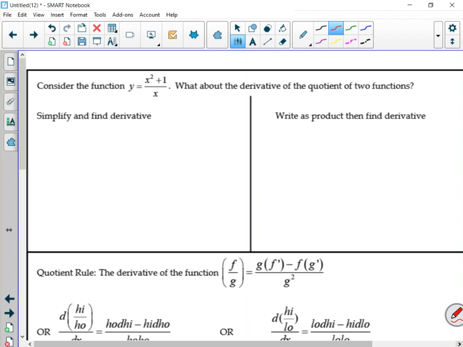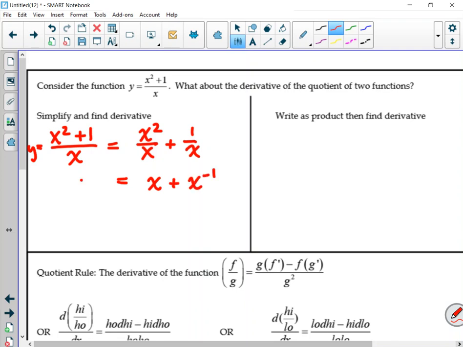For example, something like x squared plus 1 all divided by x is the same as x squared over x plus 1 over x, which is the same as x plus x to the negative 1. Just another way to write that function.